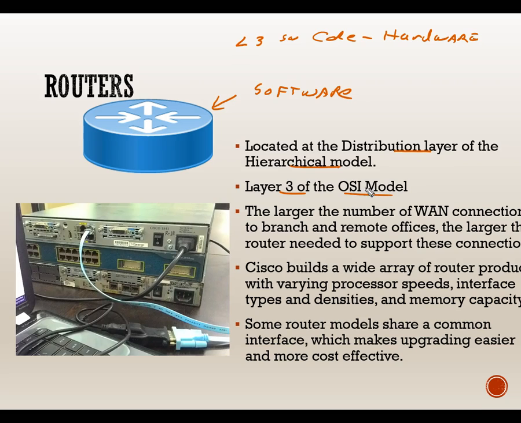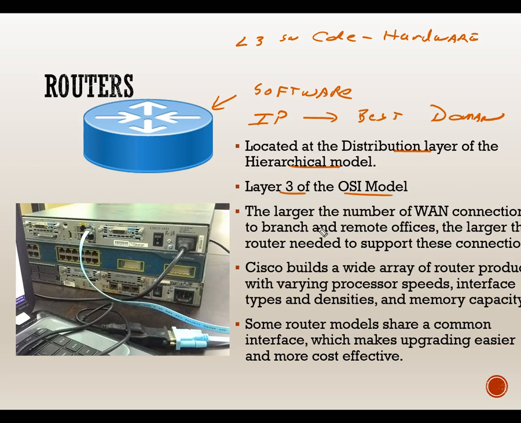It operates at layer 3 of the OSI model, which we've talked about, which means that we're going to have IP addresses here. And remember, it creates broadcast domains. So we're going to create broadcast domains with it, which is going to give us some security as well as eliminate a lot of broadcast traffic, or isolate broadcast traffic to particular networks.